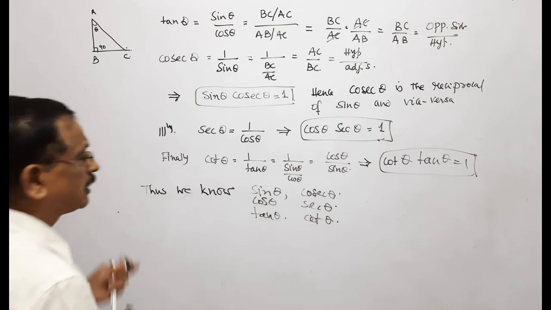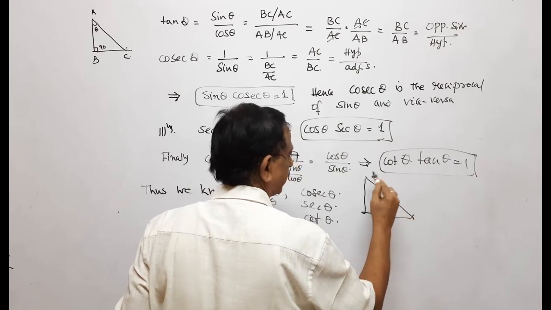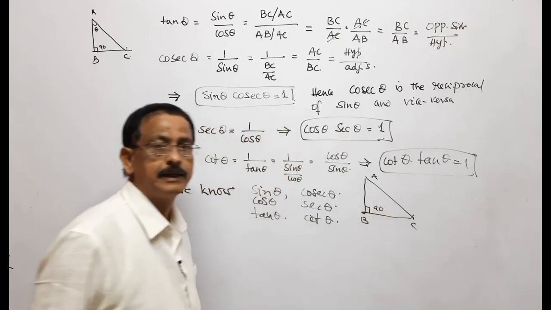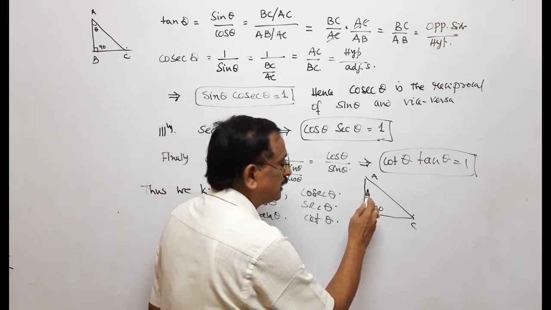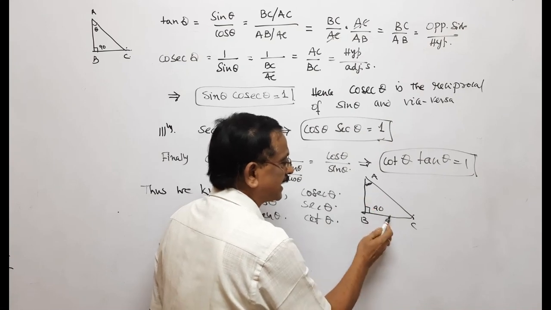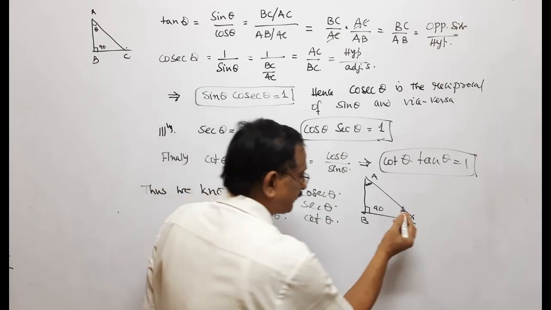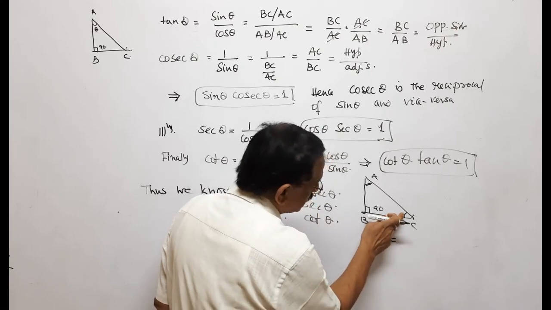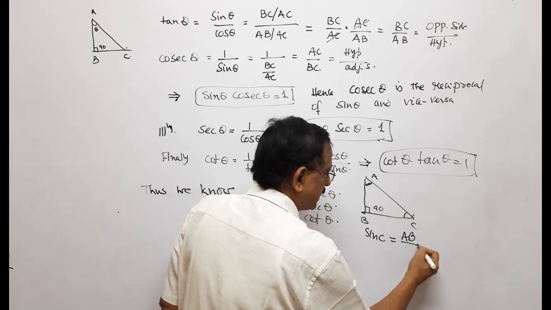A simple way of looking at this: again, I would like to write ABC with the right angle at B. If I am writing this as A, then in place of theta, I can write sin A. Suppose if I want to write C, I can write sin C. What is sin C? Opposite side by hypotenuse, so it will be AB by AC.